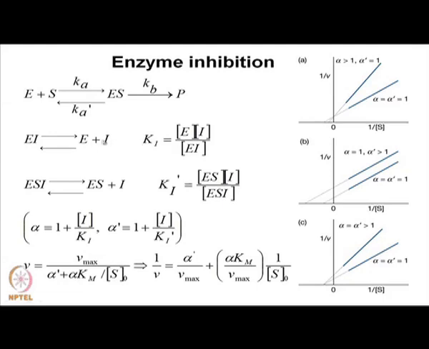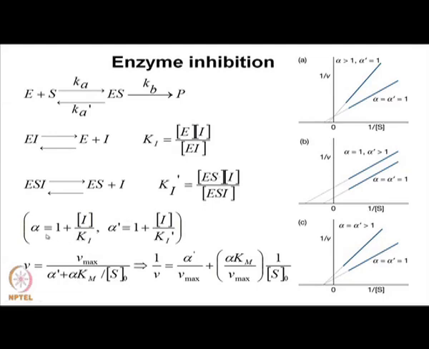You can also write this reaction in a reverse fashion. Another situation is that the enzyme substrate complex binds to the inhibitor producing enzyme substrate inhibitor, which gives in a reversible fashion enzyme substrate plus inhibitor. The corresponding equilibrium constant can be written as this.